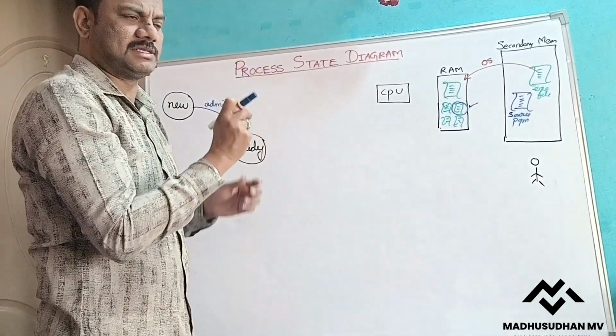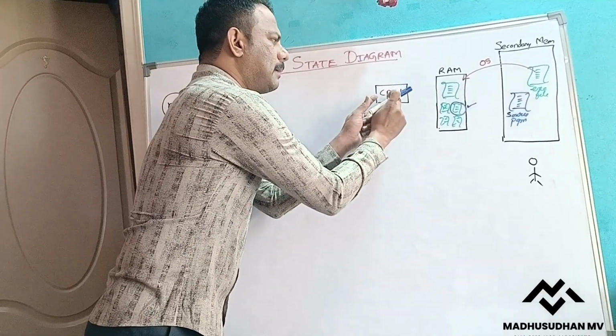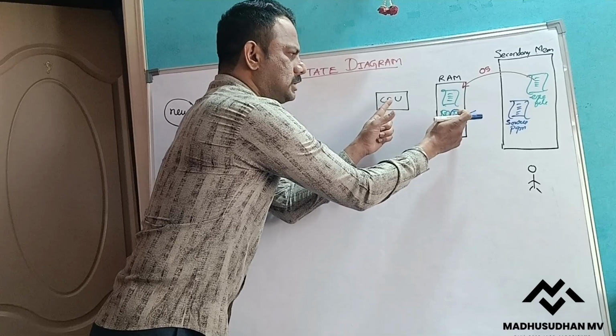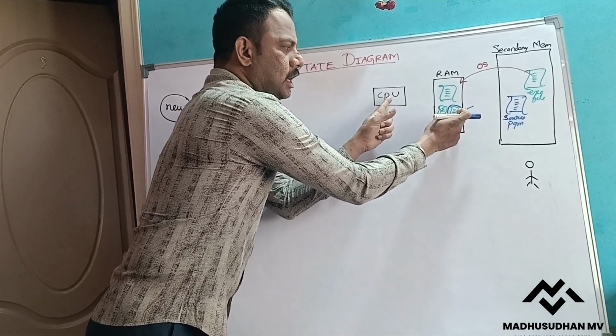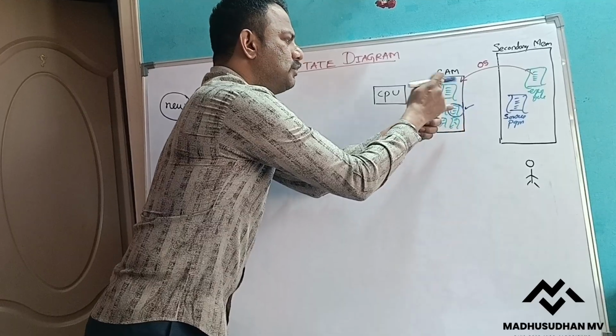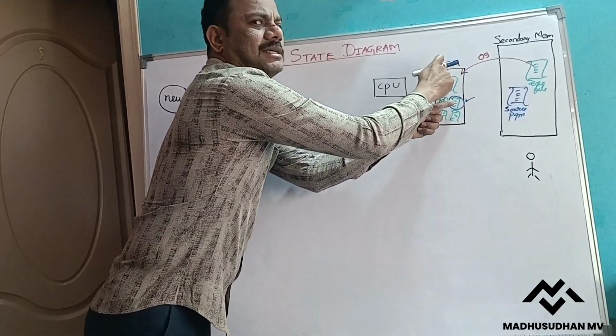Once the scheduler selects, currently the CPU is with one process. Now it has to take the CPU from this process and switch the CPU to our process.